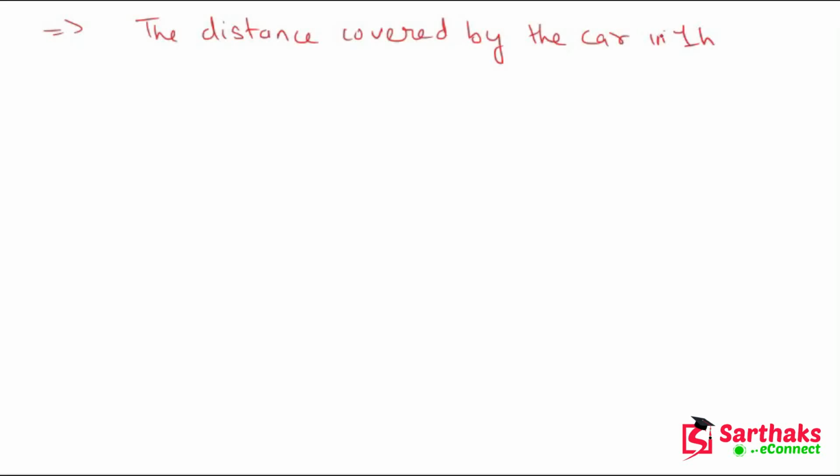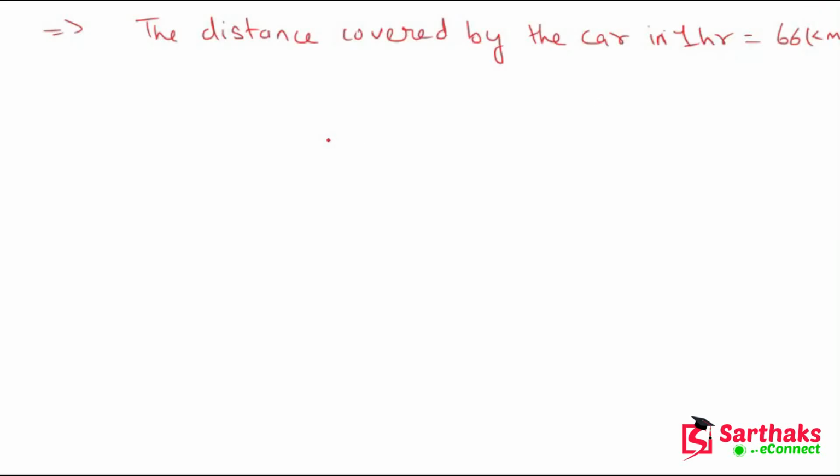Now it is given that the distance covered by the car in 1 hour is 66 km. So the distance covered by the car in 1 hour is equal to 66 km. Okay my dear friend.